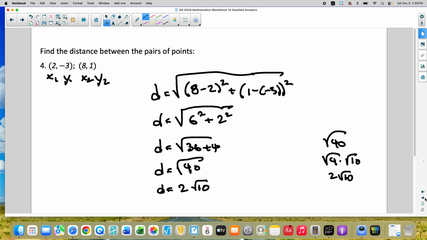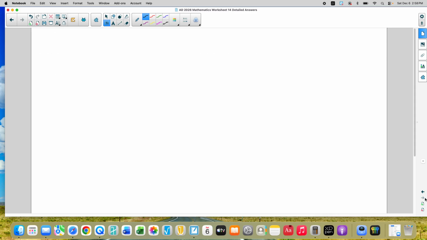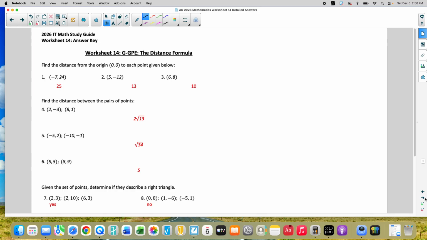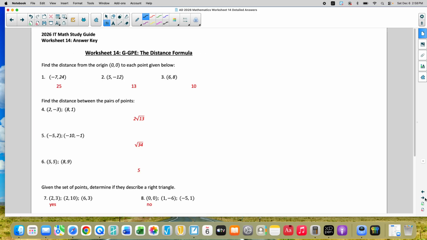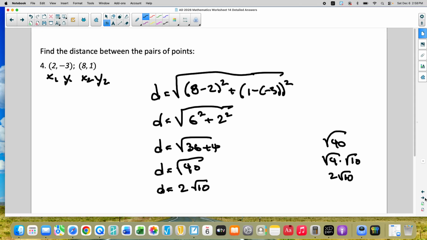I guess we can look at what they want for answers. 2 rad 13. Did I do it wrong? What did I do? 8 minus 2 is 6. 6 squared is 36. Oh, 1 minus negative 3 is 4. Silly Mr. Mac. Sorry.